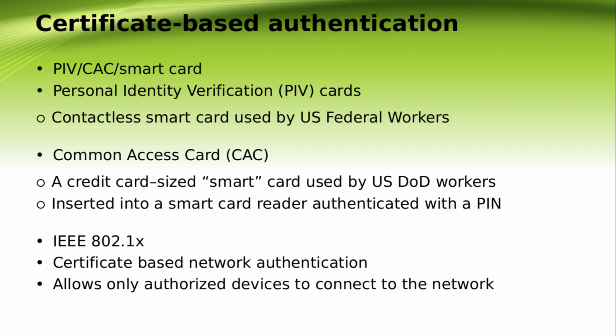So a smart card becomes a Common Access Card, CAC, if it is used by the US Department of Defense. CAC is for DoD users. Civilian users who work for the federal government use the PIV card.